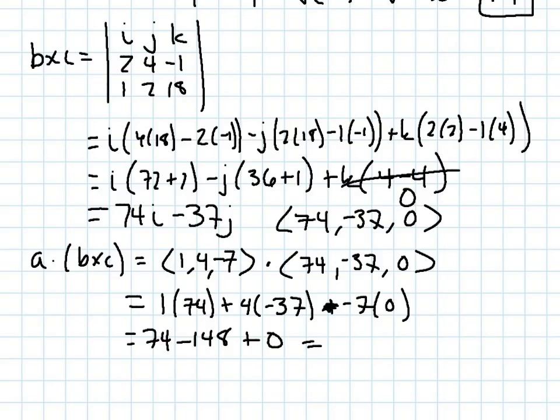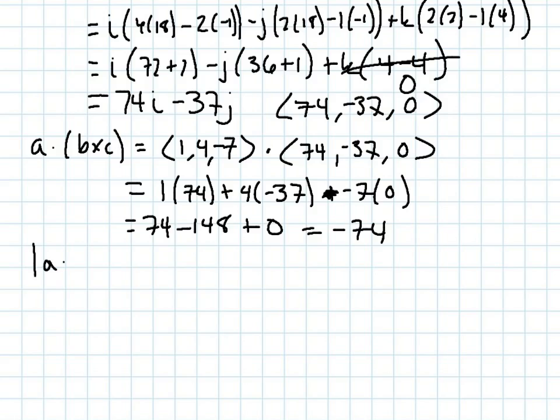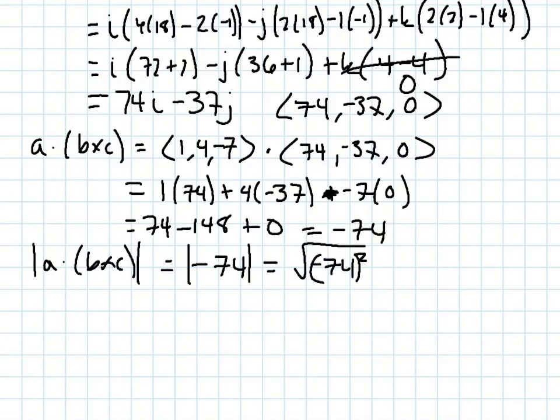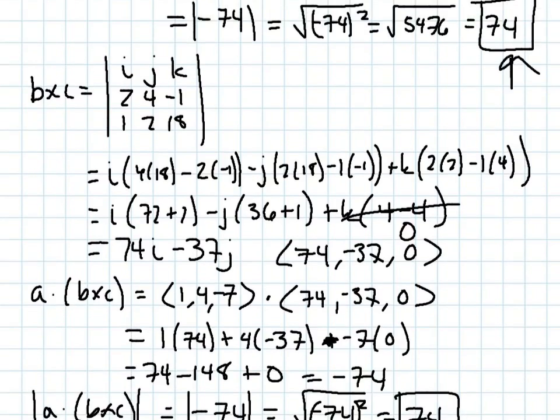So 74 minus 148 gives me negative 74, and then that's where our magnitude comes in, like up there. So that gets me the positive 74 that I want, just like I had up here. Okay? So my volume of this parallelepiped would be 74. Okay? Have fun.